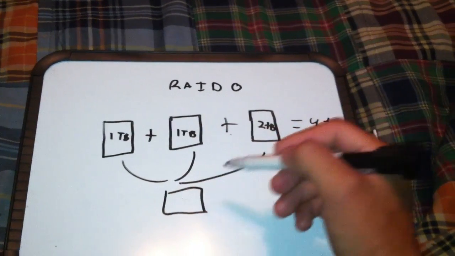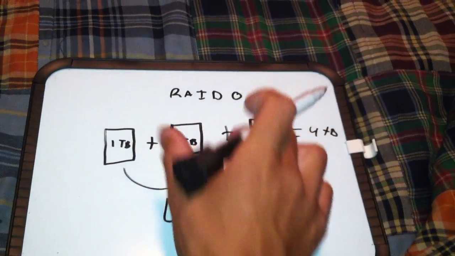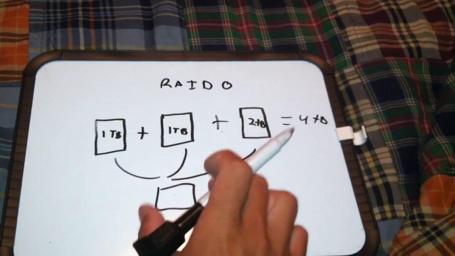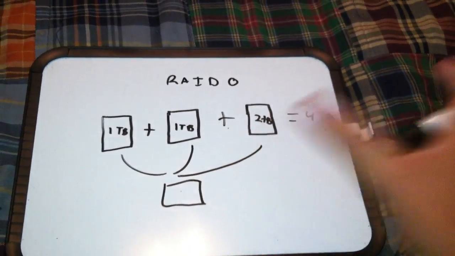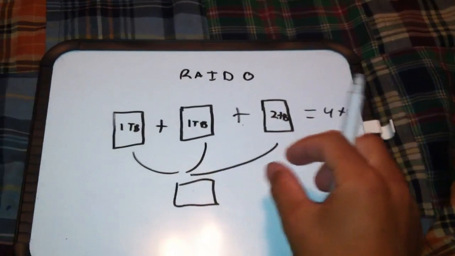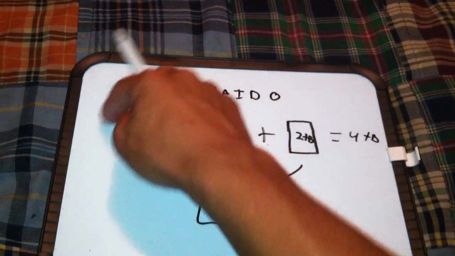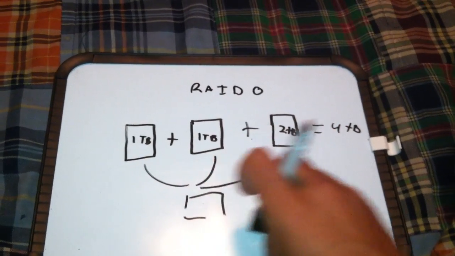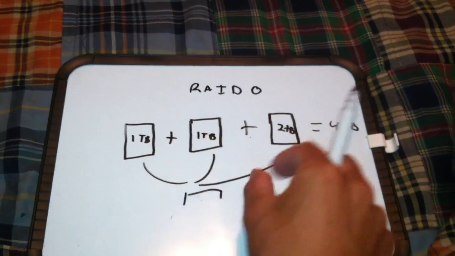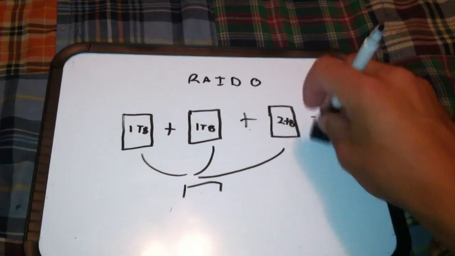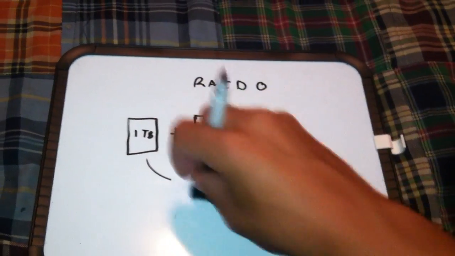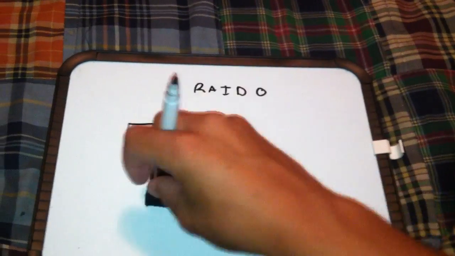This is your computer, and it can recall the data from the 3 drives at the same time, which means it's 3 times faster, or however many drives you have. So it's a lot faster than recalling all the data from one drive 1 bit at a time, versus 3 drives with 3 bits coming in at a time. It's 3 times faster. So it is faster with RAID 0. A lot of RAID levels are faster.